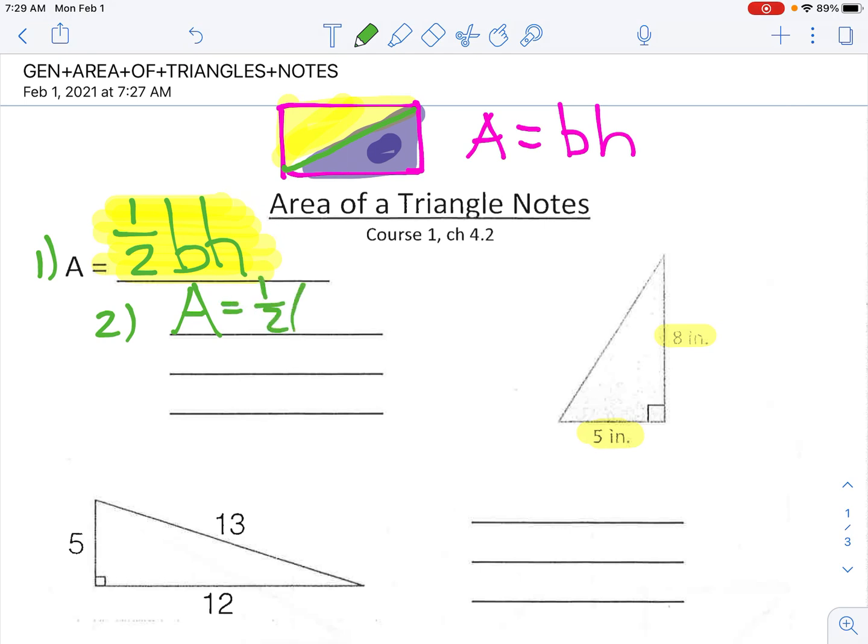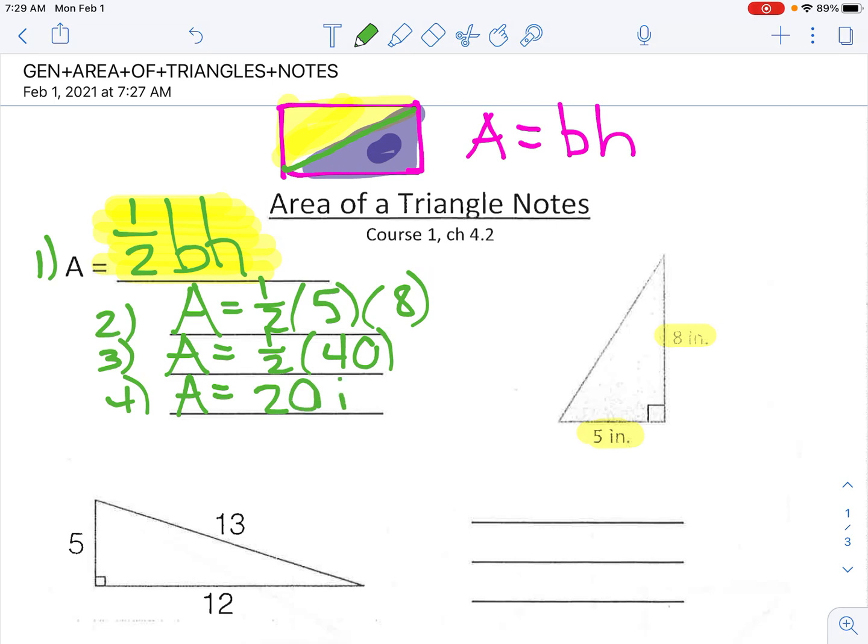So area equals 1/2 of, now our base is 5 and our height is 8. Area equals 1/2. We're going to multiply 5 times 8. That's 40. That's the third line. And the last line will be your answer. So half of 40 is 20. So area equals 20 inches squared.